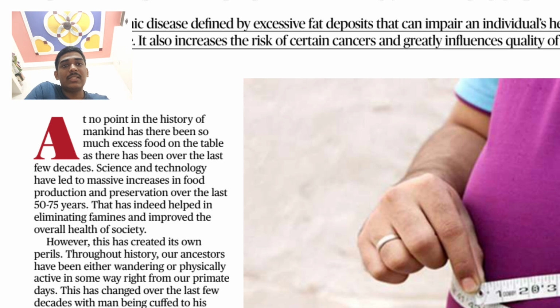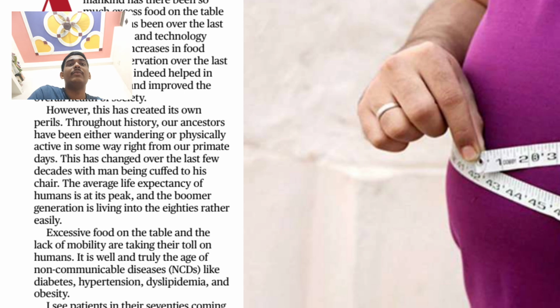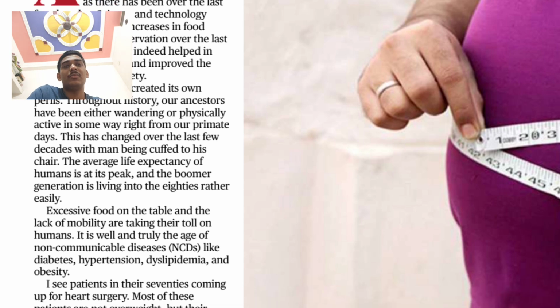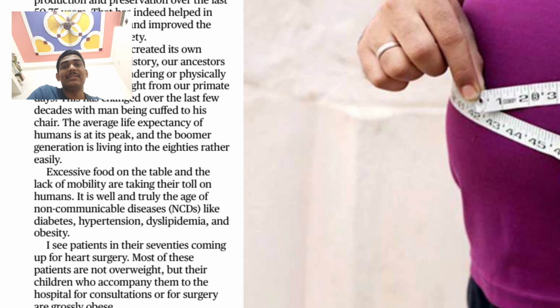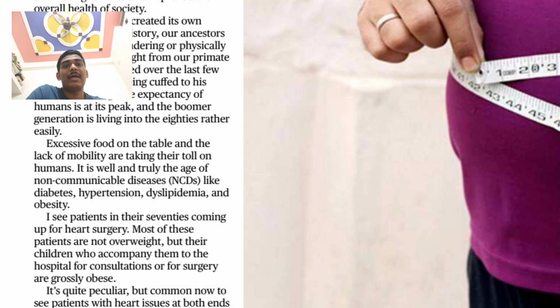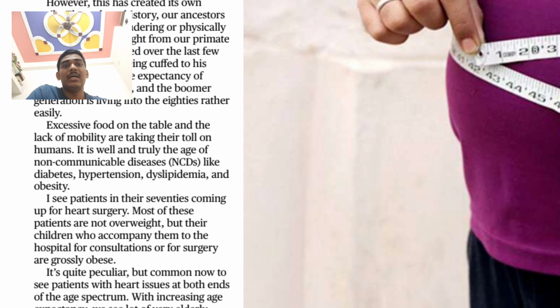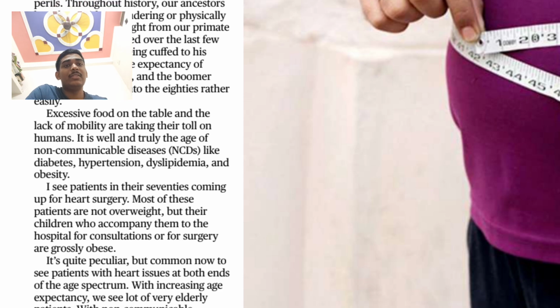Throughout history, our ancestors were either wanting or physically active in some way, right from our primate days. This has changed over the last decades, with man being cuffed to his chair. The average life expectancy of humans is at its peak, and the boomer generation is living into their eighties rather easily. Excessive food on the table and the lack of mobility are taking their toll on humans. It is well and truly the age of non-communicable diseases like diabetes.